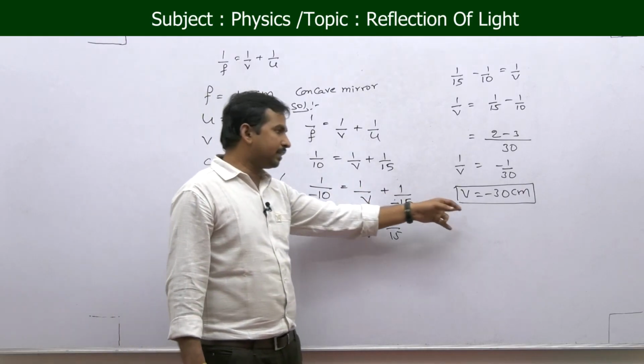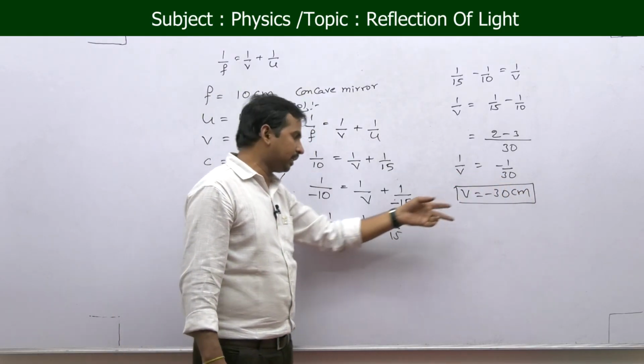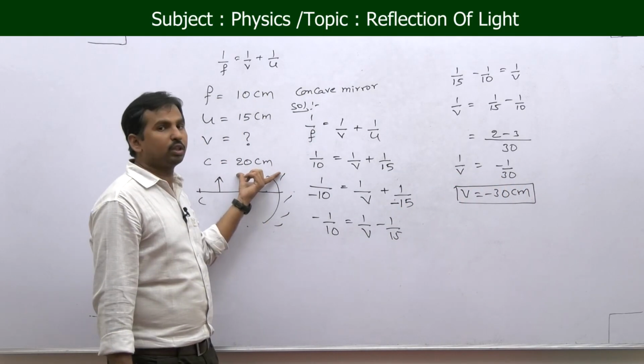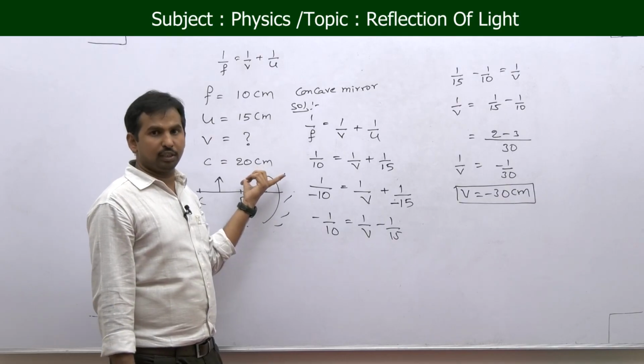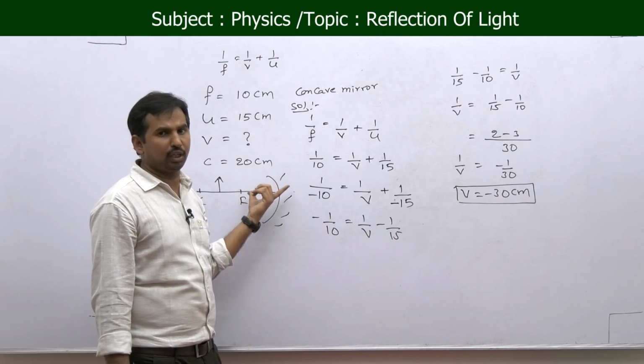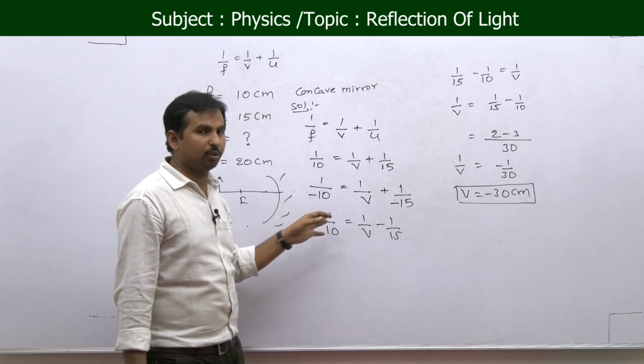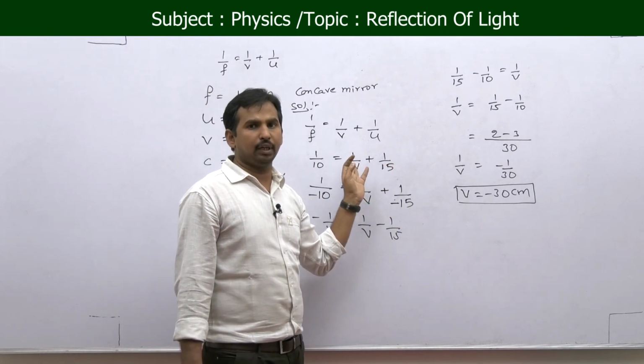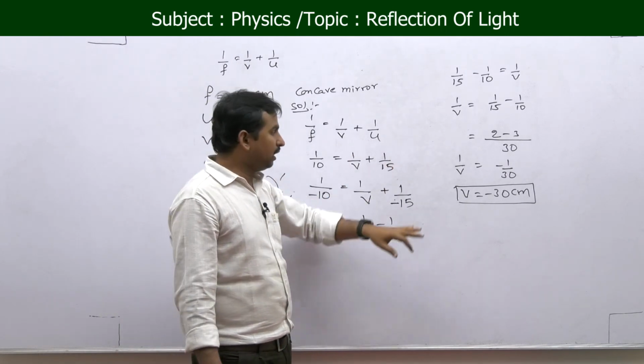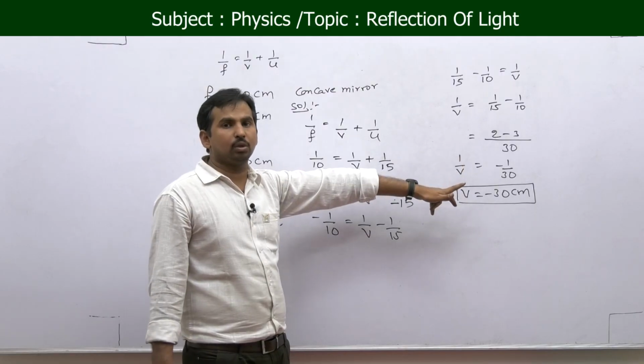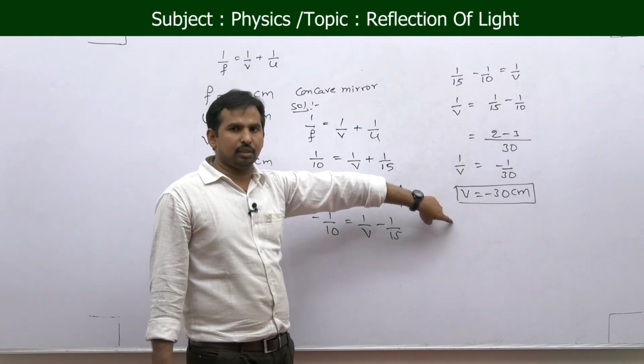That's why here we got an image distance of 30 centimeters, which is more than the center of curvature distance, more than 20. That's why the image is formed between C and infinity. So even by using the ray diagram we can verify our answer.